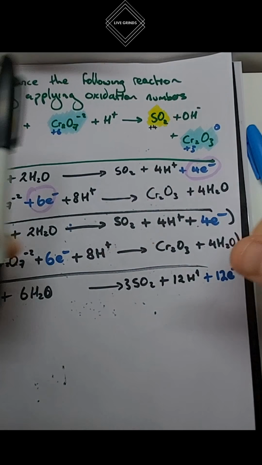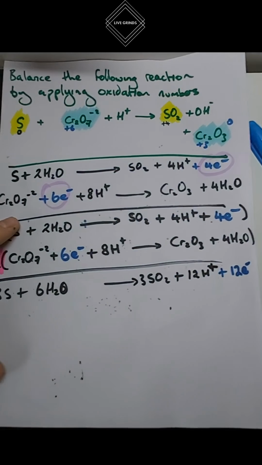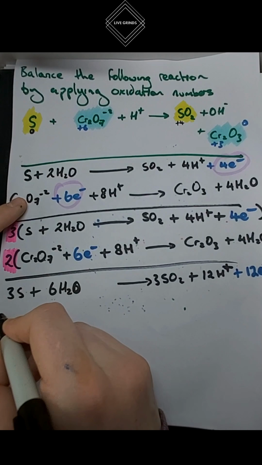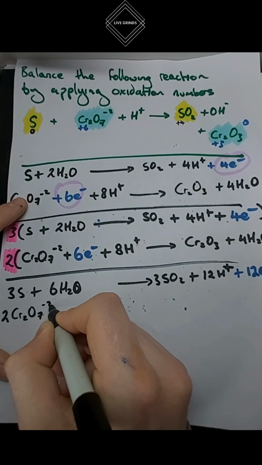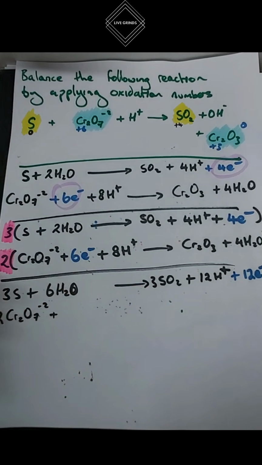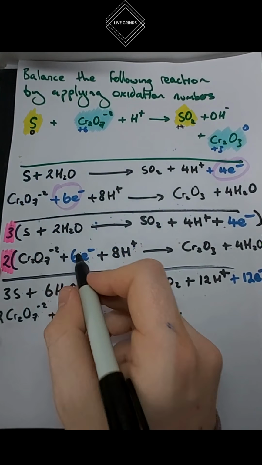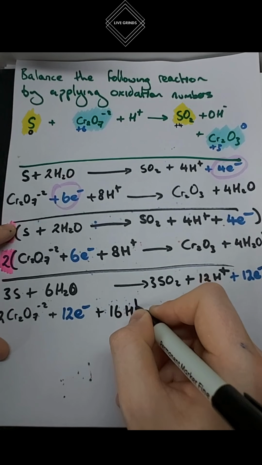On the right hand side, that's a proton. Then I have 2 of these chromates in this complex here. So I have 2 chromates, 2 6s are 12 electrons there, 2 by 8, 16 protons there.